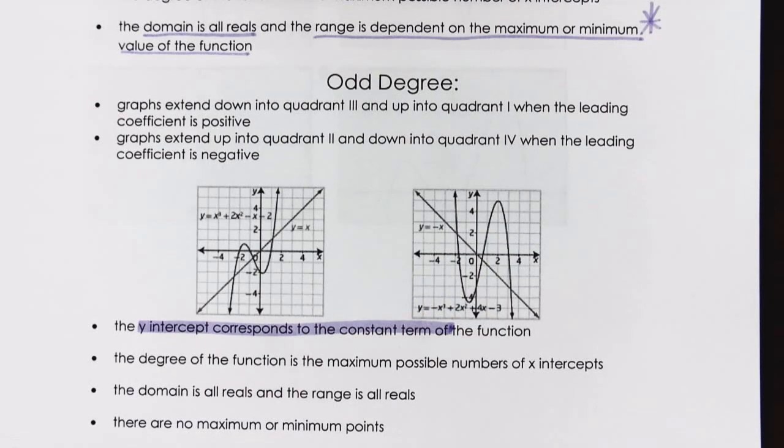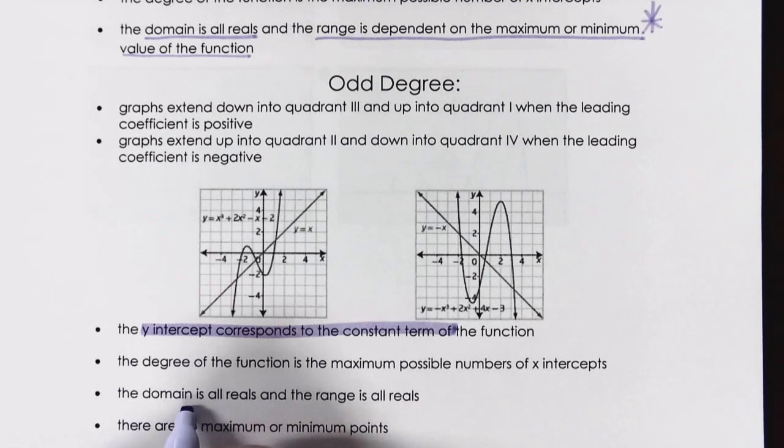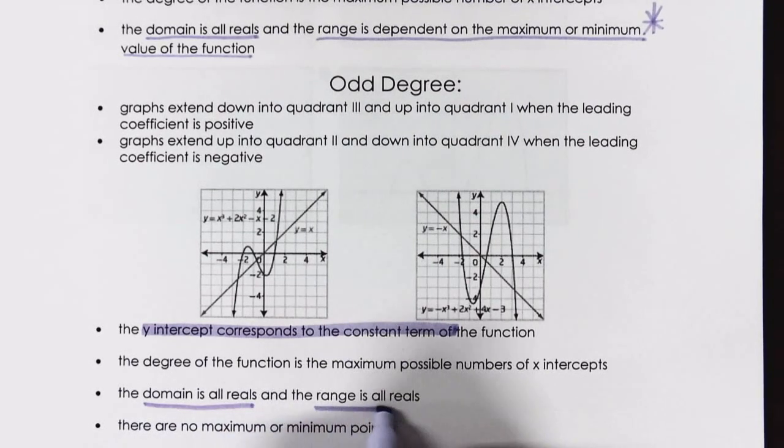The degree of the function is the maximum number of possible x-intercepts. Same as above. The domain, all reals. Range, all reals. I don't have to think about that. I know anything with a degree that's odd is going to be x in R, y in R. I'm done. I don't have to even think about it. There are no maximum or minimum points.